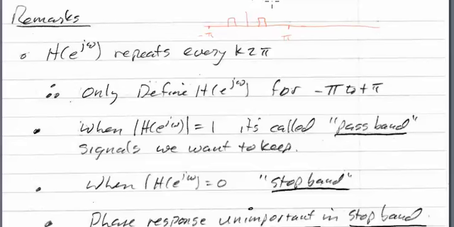We're only showing the principal range. And if we were to draw this out, we would see that this whole picture repeats every 2 pi. Right? So there's 2 pi. And we get another replica of this out here at 4 pi, etc. Okay, so we're only really interested in what happens in the principal range.